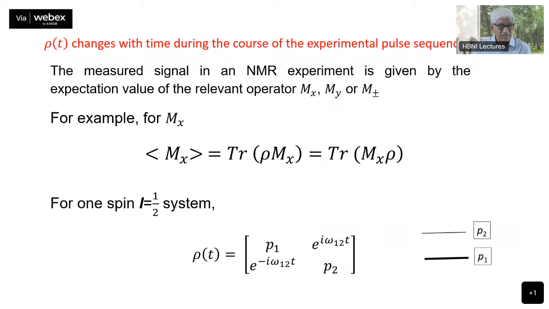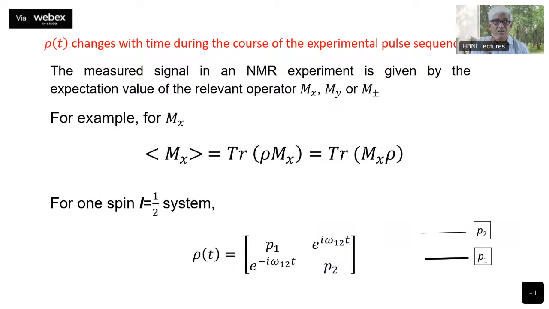Now, as we have seen, the density operator elements change with time. They evolve with time, right? So during the course of your experimental sequence, the density matrix keeps changing. Now you can calculate the evolution of the density matrix. So rho of t changes with time during the course of the experimental pulse sequence. And what you measure is the Y magnetization or the X magnetization or something.